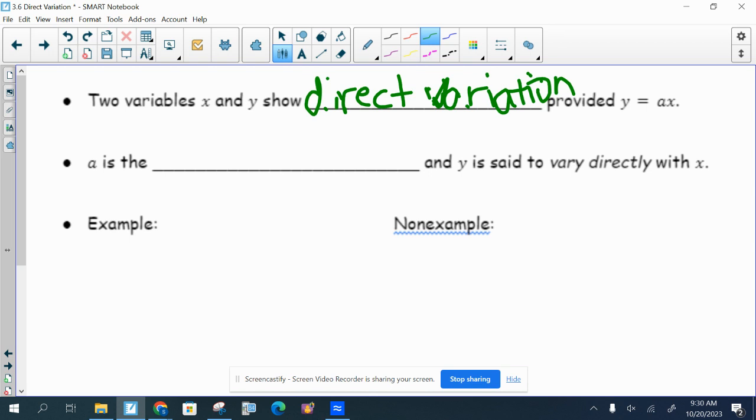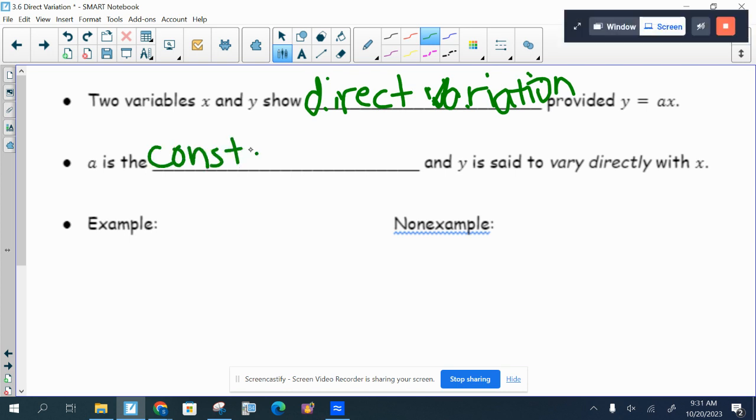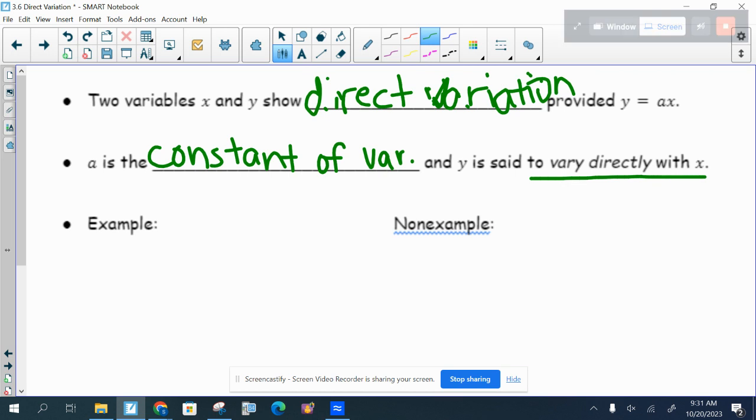Just making sure. Okay. So a is what we call the constant of variation, and y is said to vary directly with x based off of whatever a is.